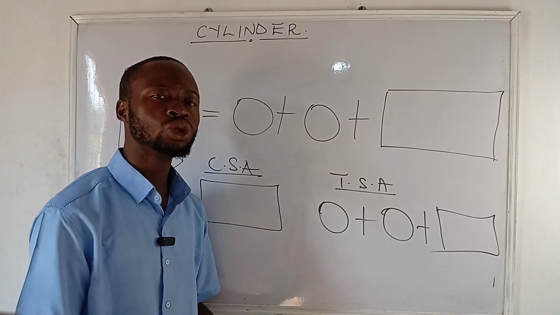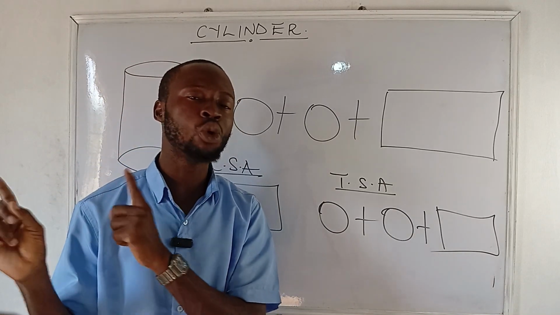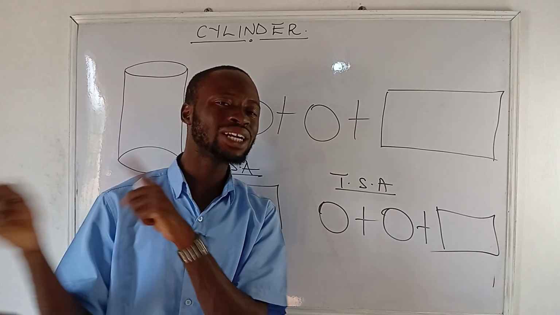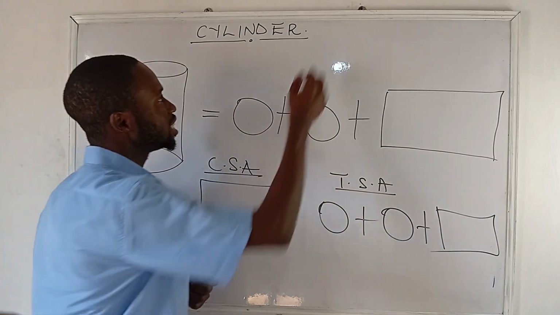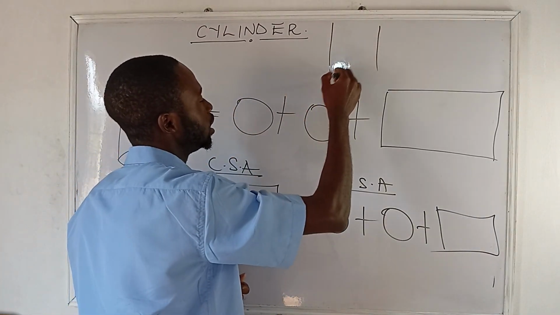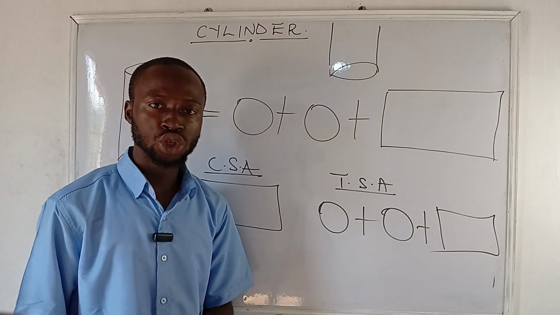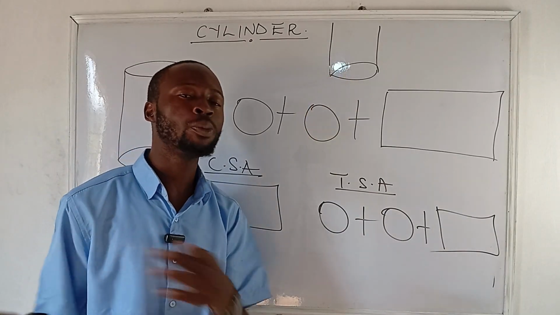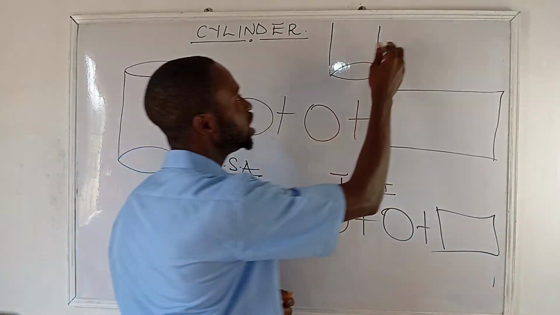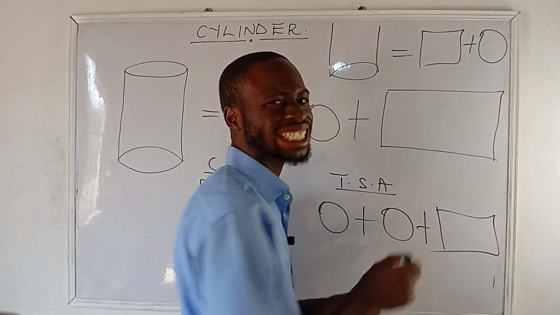You also need to know that when you are told that a cylinder is open at one end, that means the cylinder is going to look like this. It has a bottom, it's closed, and the top is open. So to find the area of that particular cylinder that is open at one end, it is going to have only the rectangle and one circle.